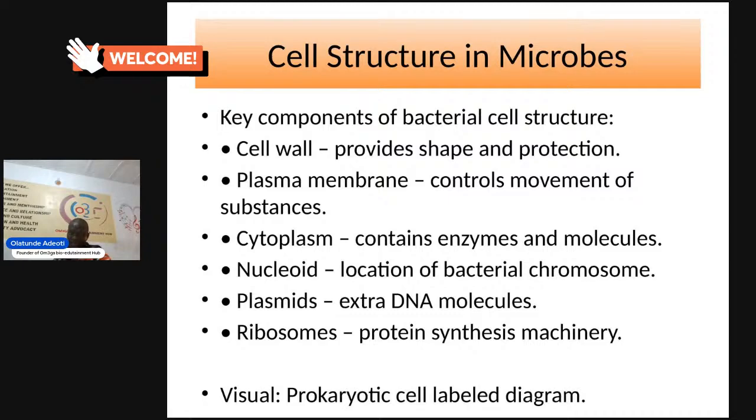Don't forget that microorganisms, especially bacteria, are prokaryotic organisms, and that is telling you that there is not going to be anything like organelles. So there is nothing like a nucleus. What you have is the nucleoid, which is the location of the bacterial chromosome. Then just like I told you, some of them will contain plasmids, which I said are extrachromosomal material found in bacteria.